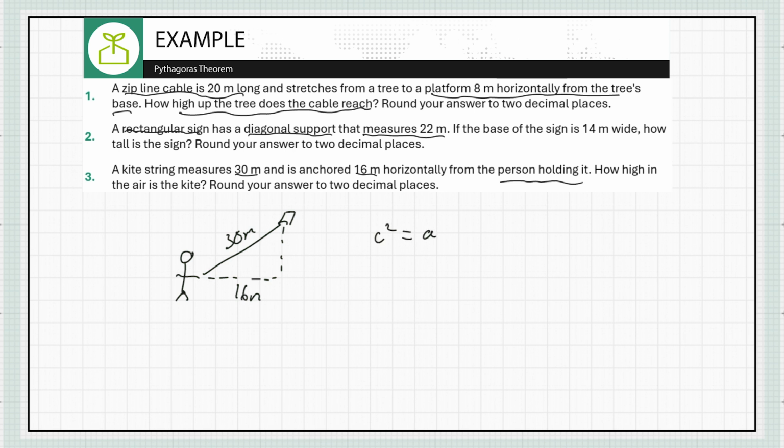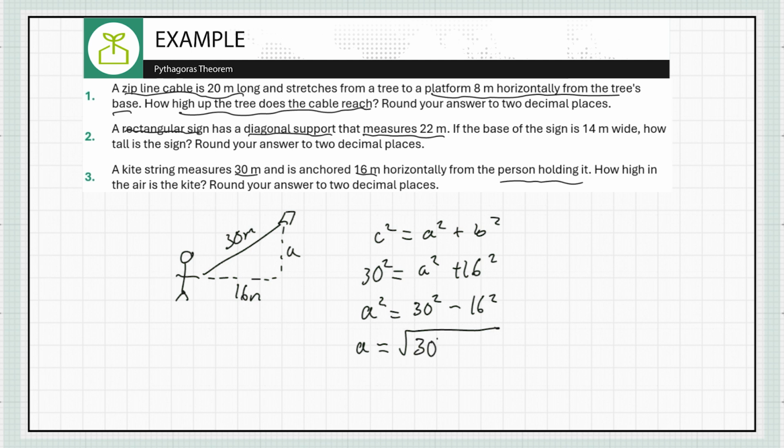So, because c squared equals a squared plus b squared, 30 squared is equal to, we'll say this is a, squared plus 16 squared. Right, so rearranging, a squared will be equal to 30 squared minus 16 squared, which means a will be equal to the square root of 30 squared minus 16 squared.